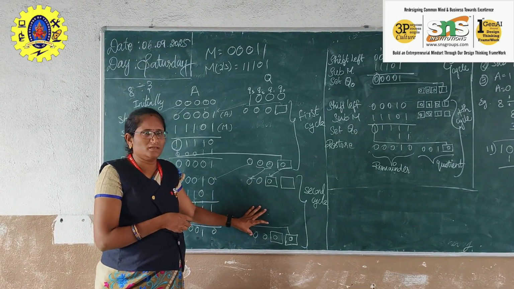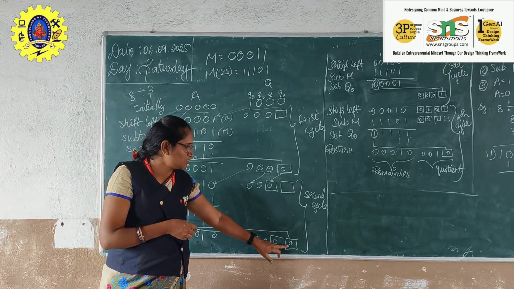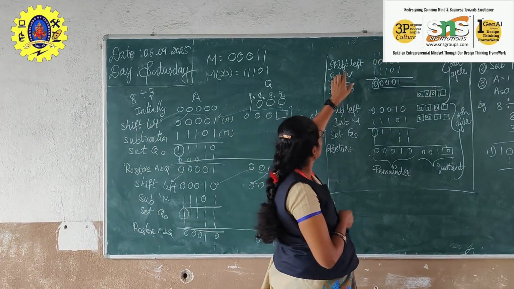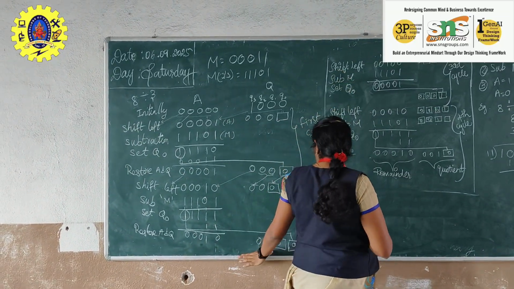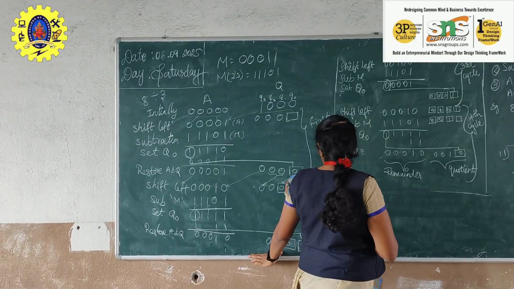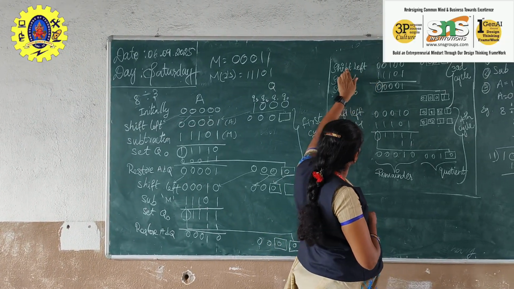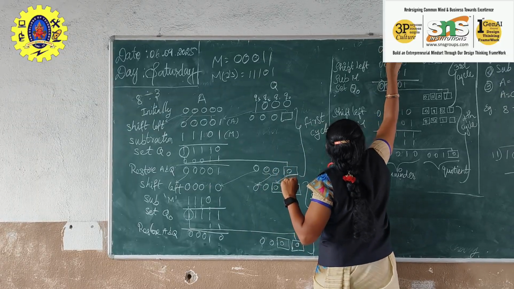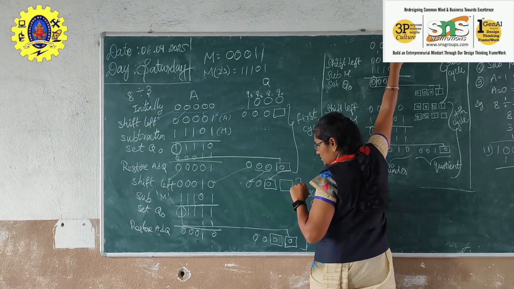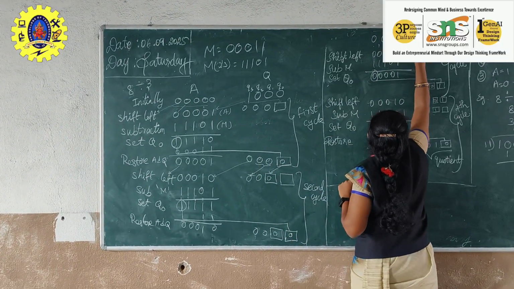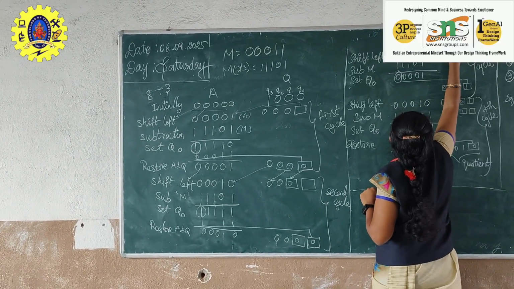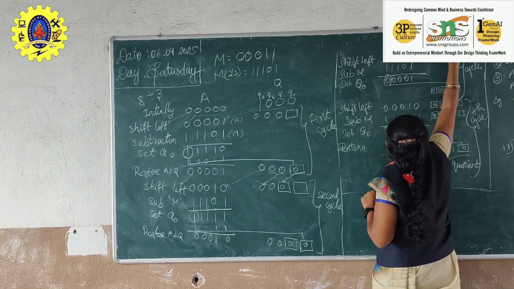In this cycle, the dividend position to Q naught is replaced. Next, after performing this, again we are going to do a shift left operation. If you write this number, same numbers 0, 0, 0, 1, 0, then here 0, 0, the replaced value of the previous cycle, the second cycle.